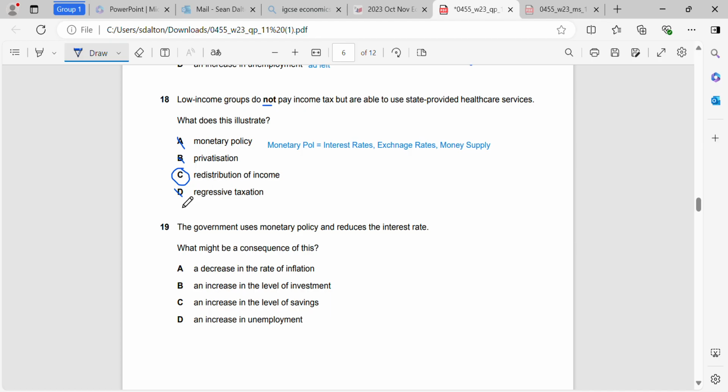So it shows that low-income groups are able to benefit from high-income groups paying their taxes. Therefore, it is redistributing the income. And it is not regressive taxation because they're not paying any tax. With a regressive tax they would still pay, but they would pay less as they become higher earners and more as they become lower earners. But that's not happening in this case.